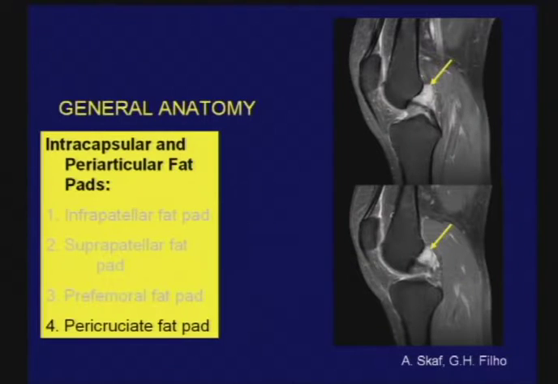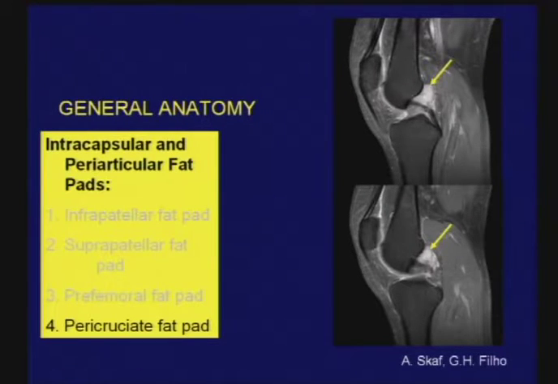Finally, with regard to fat pads, we move posteriorly, and I show you something that I learned from some of the previous research fellows from Brazil. On one of my trips there, they indicated to me they were seeing athletes, particularly soccer players, who had pain in deep knee flexion. And the MR images were showing this inflammatory reaction in the pericruciate fat, mainly located behind the posterior cruciate ligament.